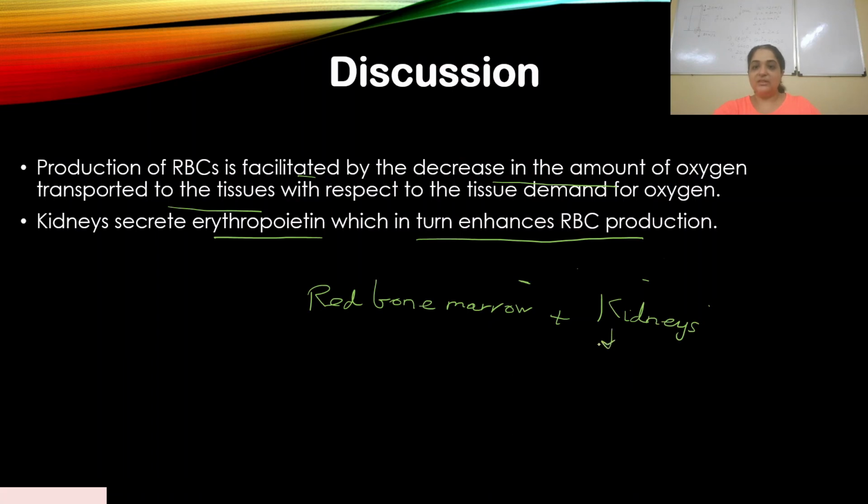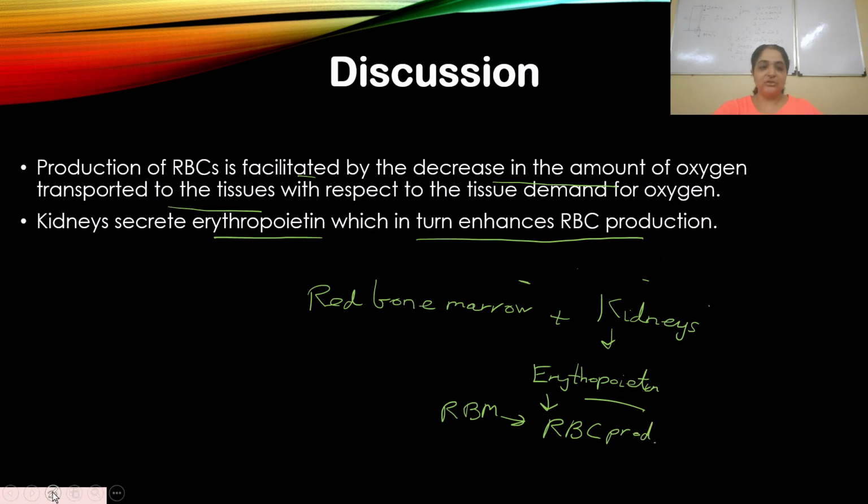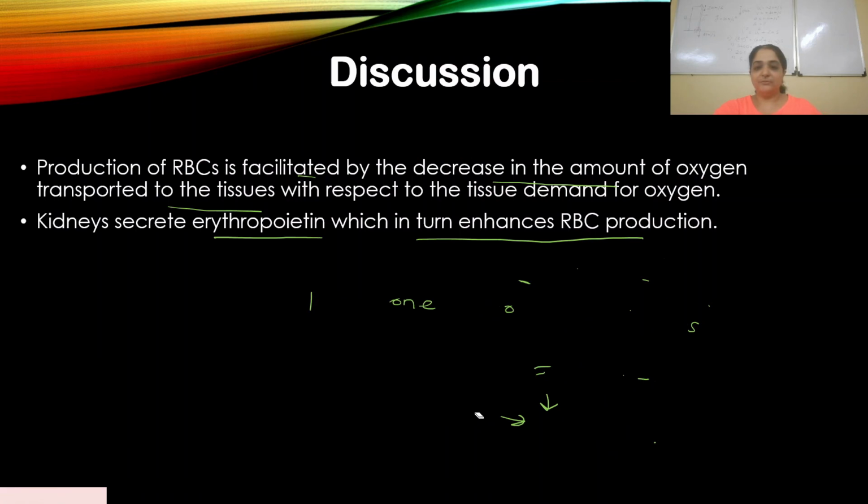The kidneys release erythropoietin during this hypoxia condition, and they stimulate the red bone marrow to produce more RBCs. So you have two functions happening simultaneously. All right, we'll move on to the next one.